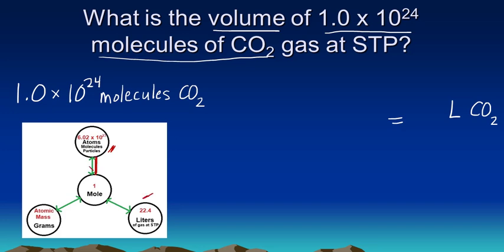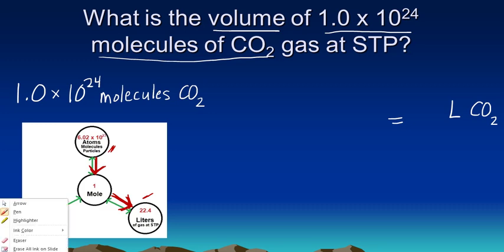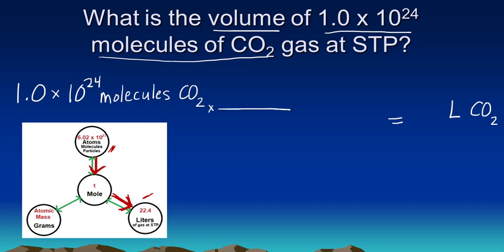So our first step, like it seems to always be in multi-step problems, is convert to moles. All roads lead to moles. And then after we're in moles, we're going to convert over here to liters using 22.4. So that's our two-step process. We're going to use that as our plan of attack here. So in our first step, and we're going to need 2 of them, like we said, so I'm going to put 2 conversion factors.